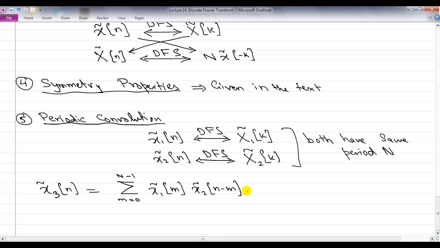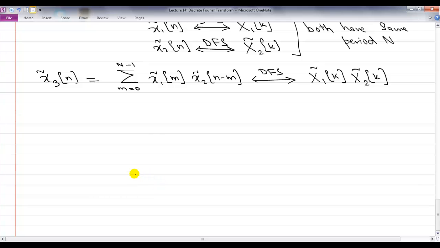So if you define your periodic convolution like this, then the Fourier series of that is simply given by multiplication of the discrete Fourier series coefficients of the individual sequences. And you can check that it is indeed commutative.